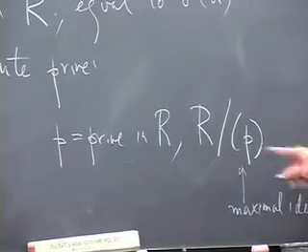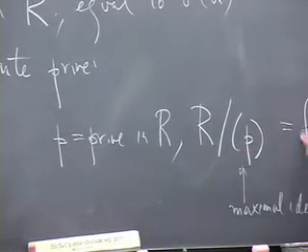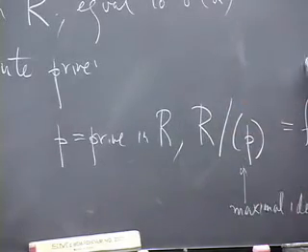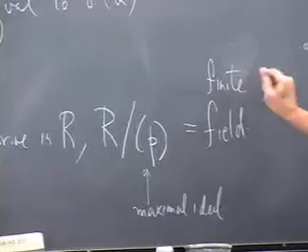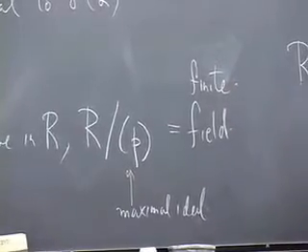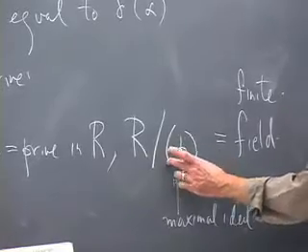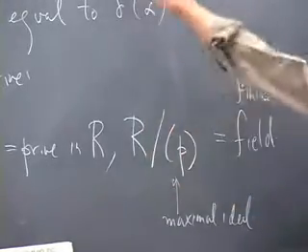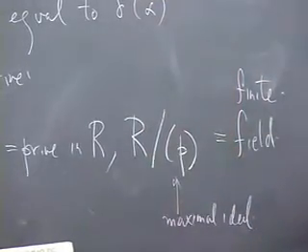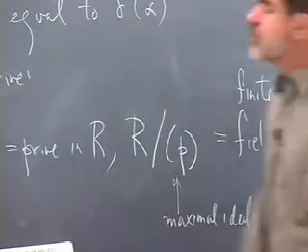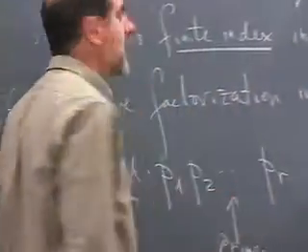Or another way of saying it is this quotient ring is equal to a field. And since the quotient is finite, it has to be a finite field. So the primes are exactly the elements where when you divide out by that principal ideal, you get a finite field. Not a finite ring, a finite field. And any element can be uniquely factored into a unit times a product of primes.